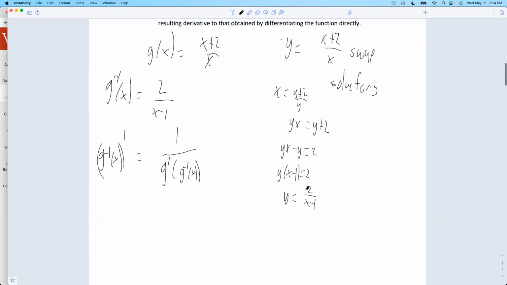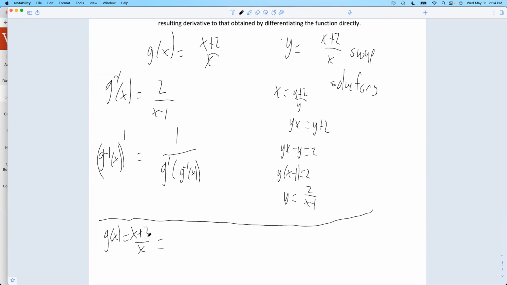So let's calculate all that. And we'll do it both ways. We'll just actually find the inverse of this guy, and we'll do it this way, and we'll see that we get the same thing. So here's my original function G, x plus 2 over x.